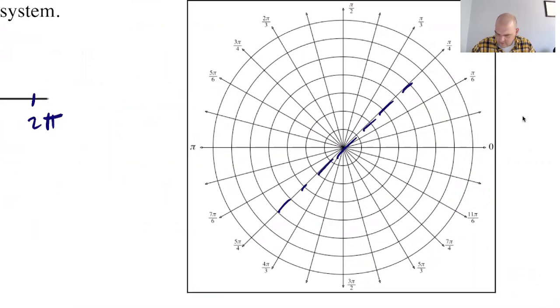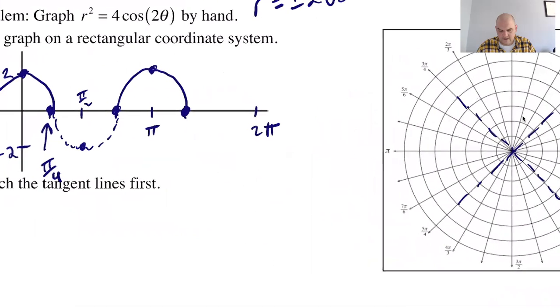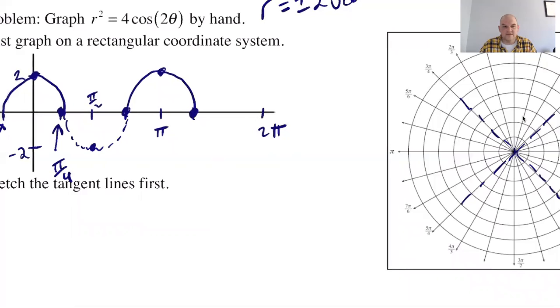Negative pi over 4 is coterminal to 7 pi over 4, and 3 pi over 4 is kind of the extension of that. When theta equals 0, I need to be out at 2, and by the time I get to pi over 4, I need to be at 0.